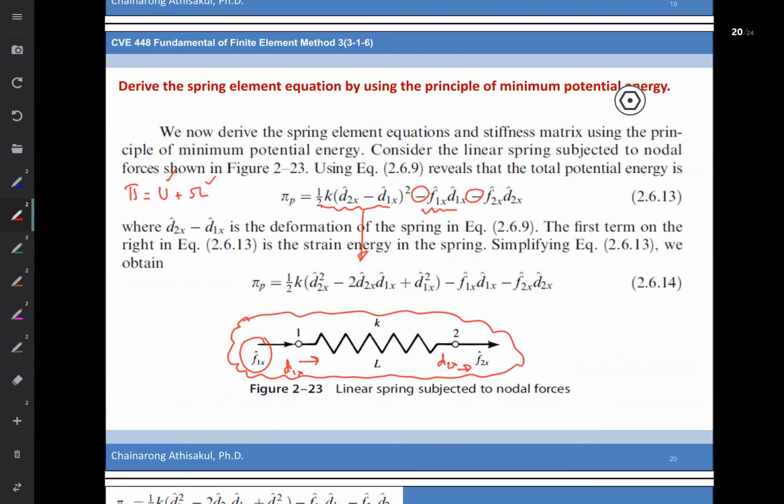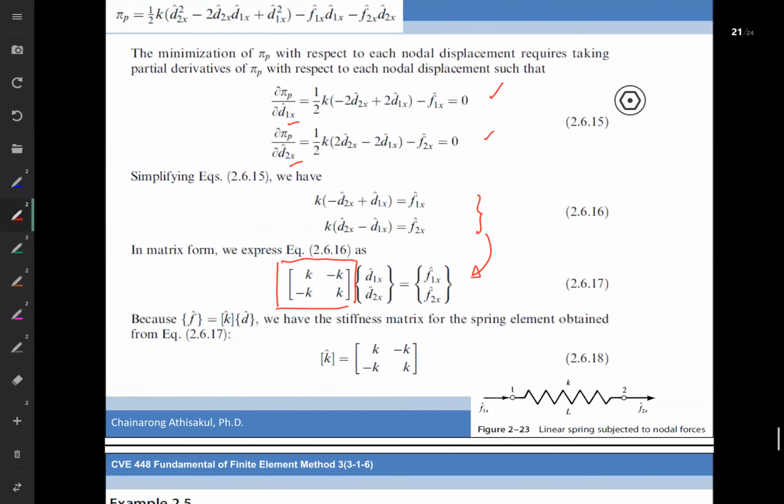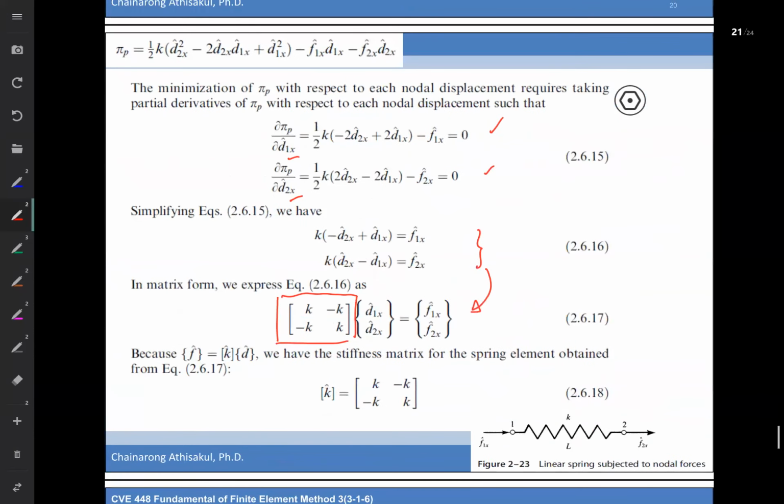We just take the first derivative of pi with respect to the degree of freedom, and we will obtain the stiffness equation, the element equation. That is straightforward. It's not necessary to consider the equilibrium of the system, and in some cases we don't know the equilibrium position.